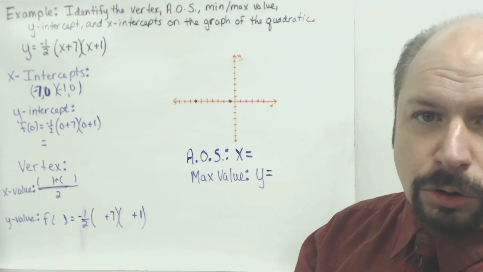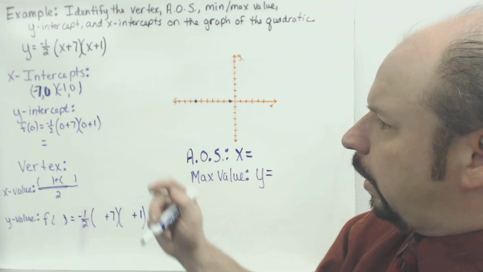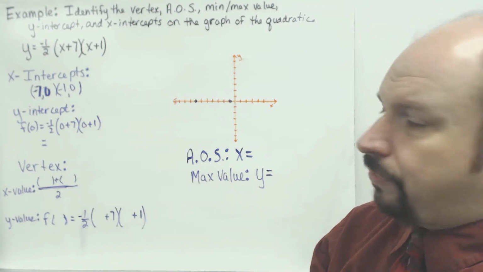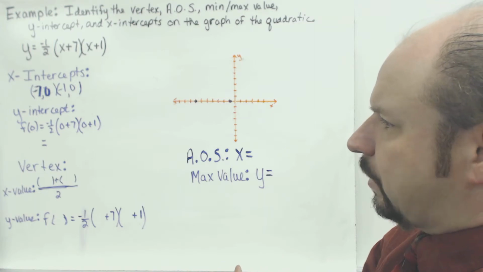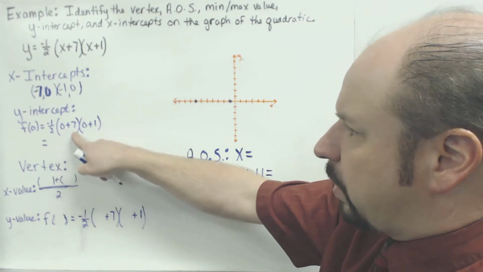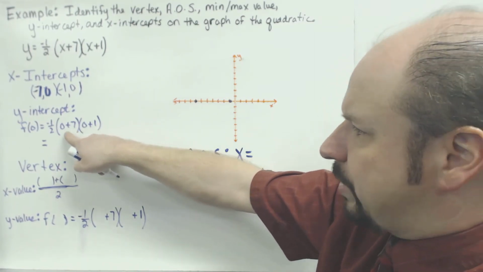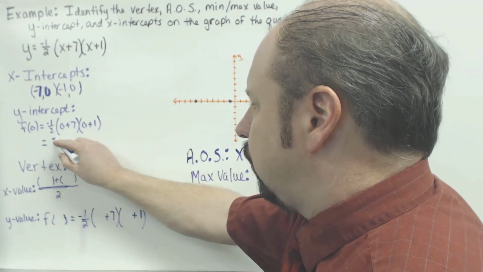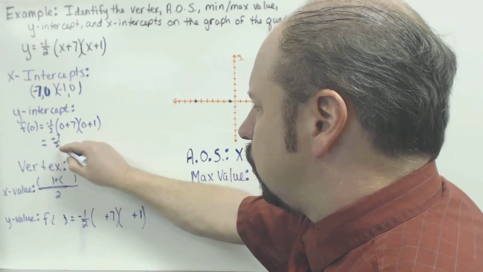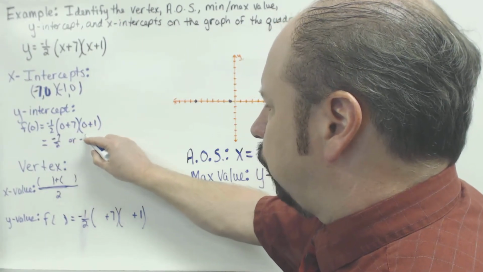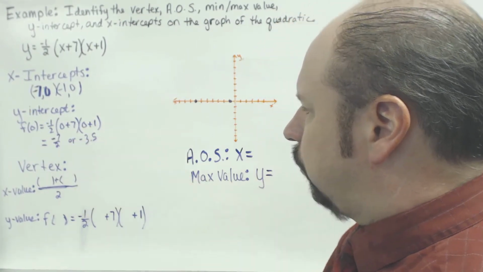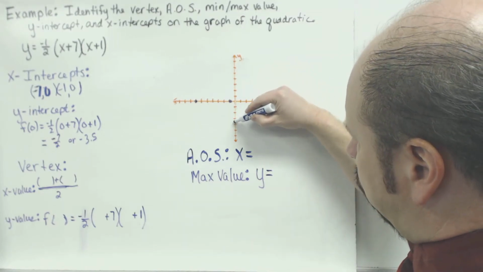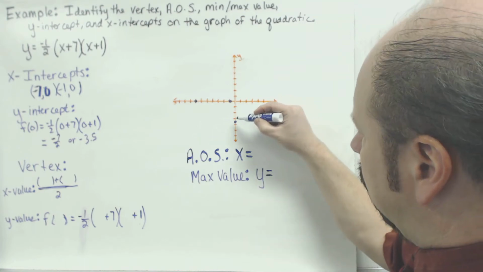Now, remember that our y-intercept is where we have f of 0. So if we put in 0 for x, 0 plus 7 is 7. 0 plus 1 is 1. 7 times 1 is 7 times -1/2. So this is -7/2 or -3.5. Either way you want to call it. So -3.5 is located right there.